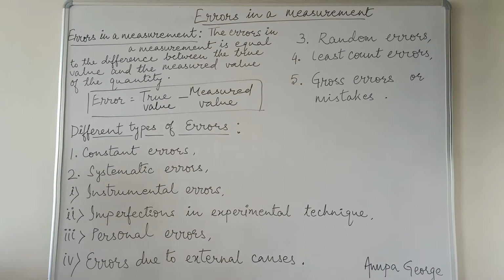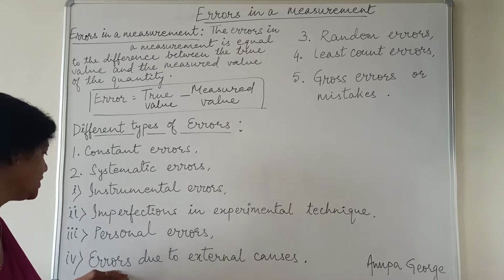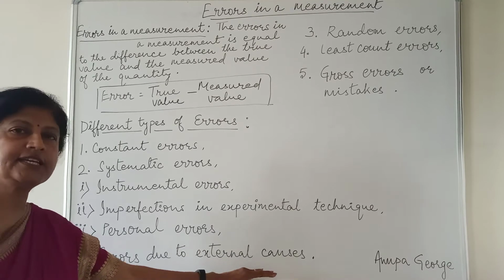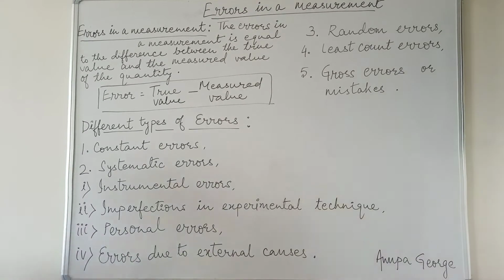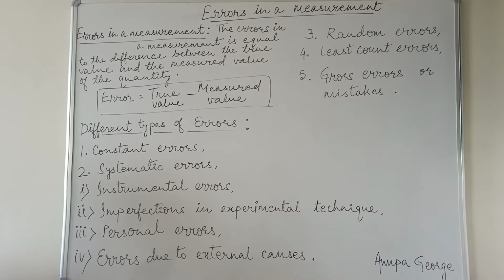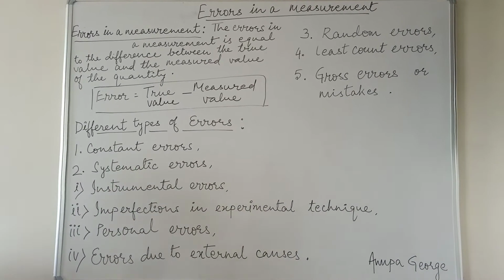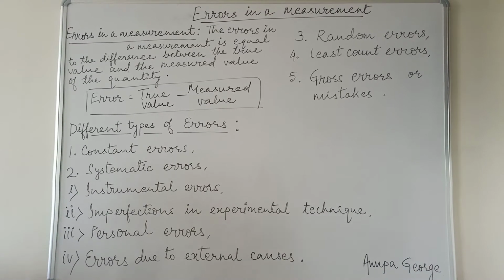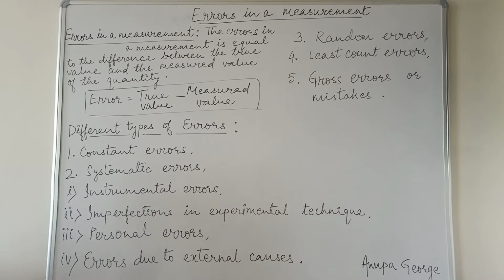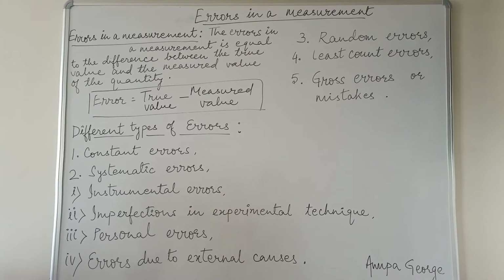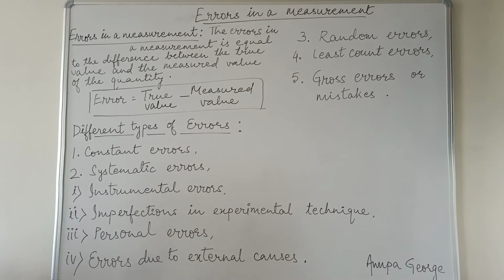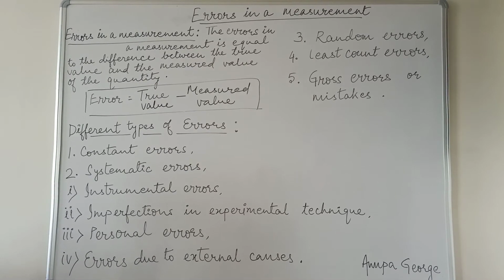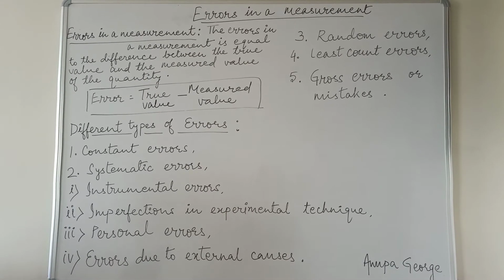Now come to the fourth type of error, errors due to external causes. These errors arise due to the change in external conditions like pressure, temperature, wind, etc. For example, the expansion of a scale due to the increase in temperature.